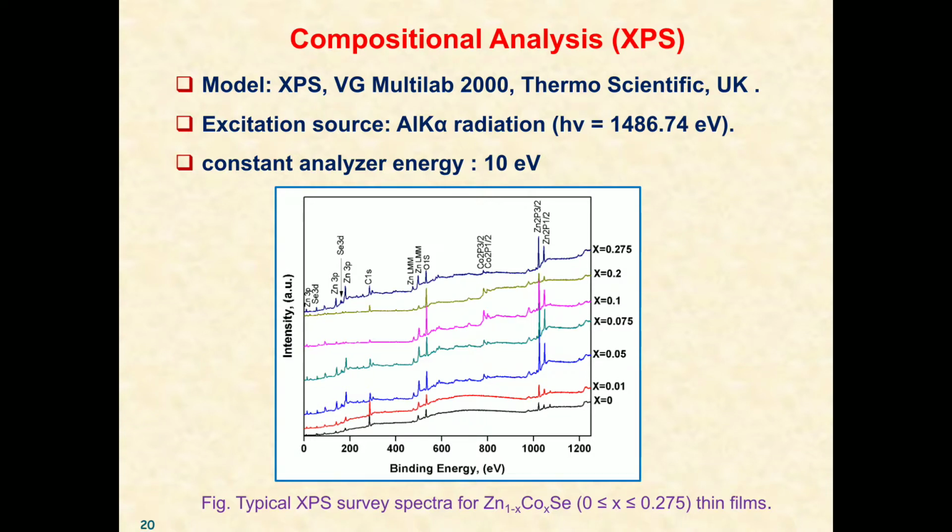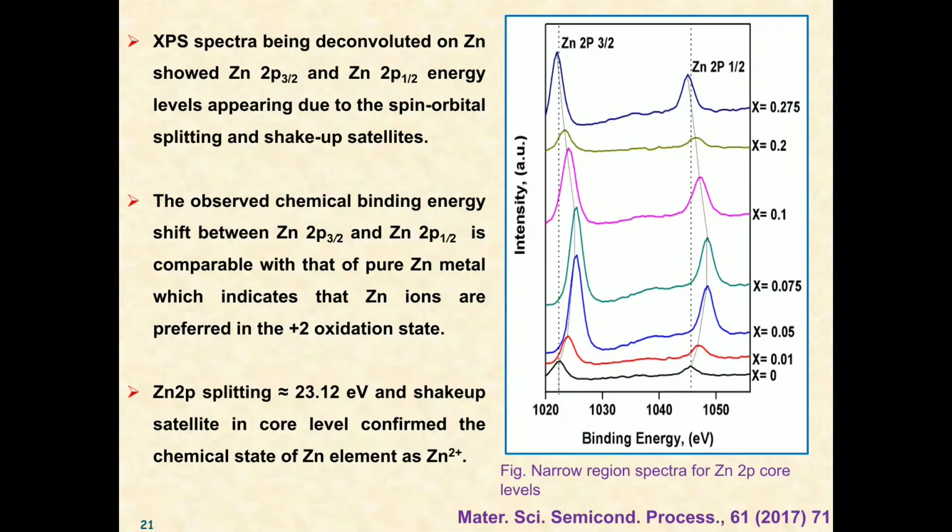From the Zn 2p core levels, it is observed that the XPS spectra deconvoluted on Zn showed Zn 2p3/2 and Zn 2p1/2 energy levels appearing due to spin-orbit splitting and shake-up satellite.